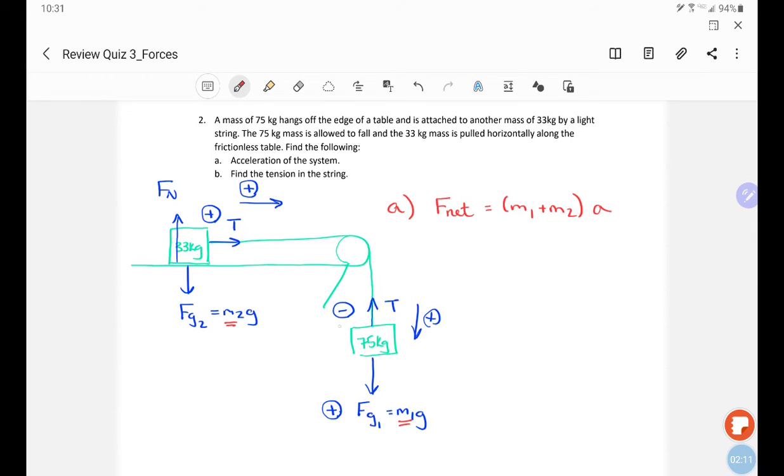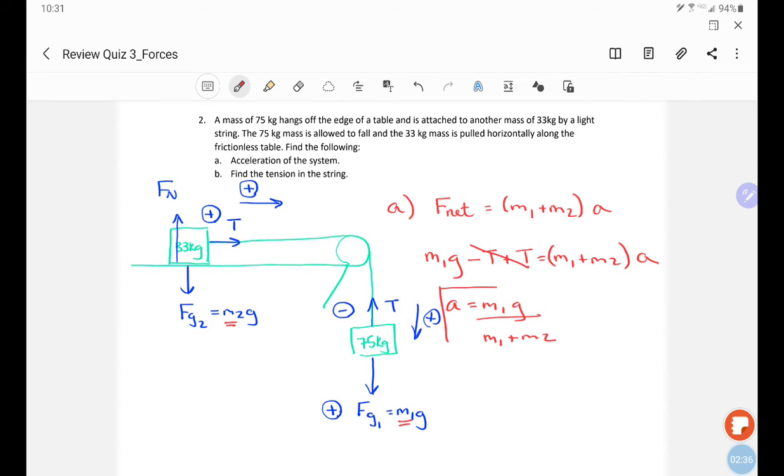So if we start with the hanging mass, we have M1G minus tension plus tension equals M1 plus M2 times A. Tension drops out, so acceleration is M1G over M1 plus M2.